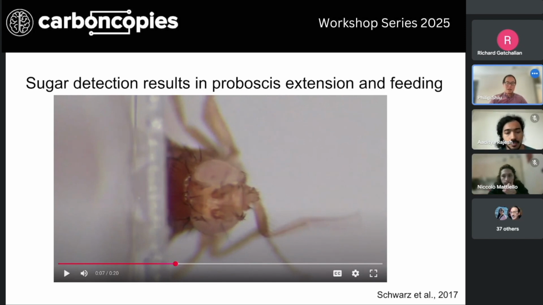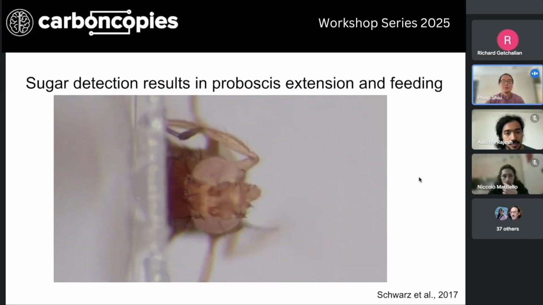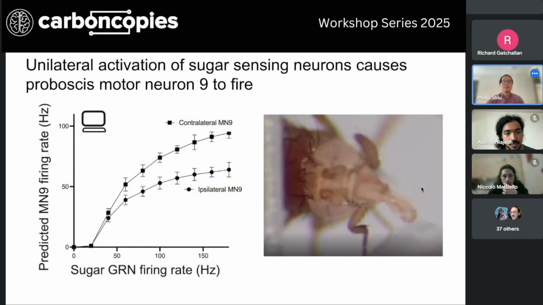So there's a lot of understanding of how this particular behavior is evoked, and for example, the muscles that control the proboscis. So the first thing we did was simply activate sugar sensing neurons in the proboscis.